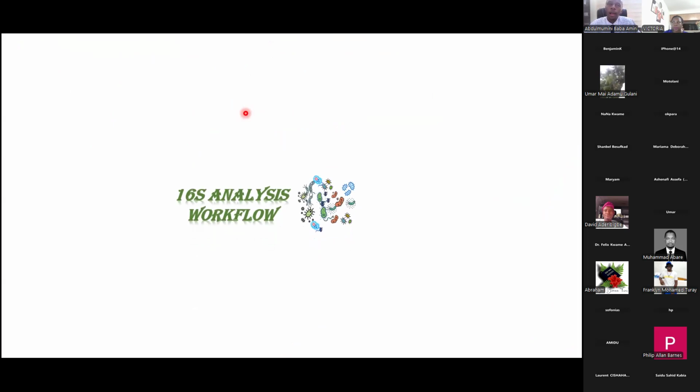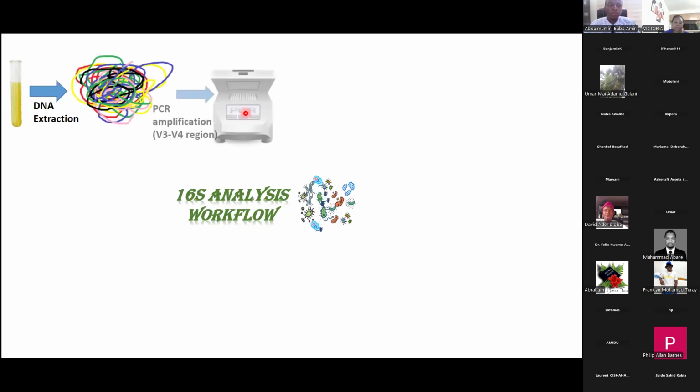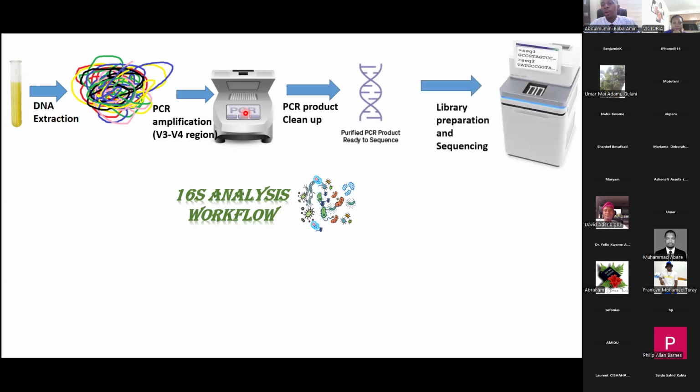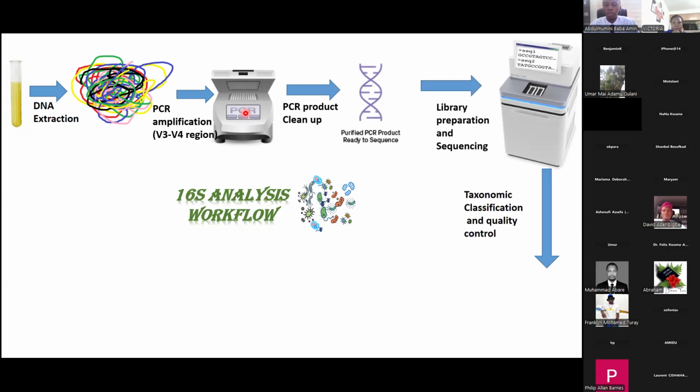So how do we obtain the 16S microbial data? This is a brief workflow of how the 16S microbial data is obtained. After bacterial DNA extraction from a sample, the sample is amplified via PCR, particularly the V3 to V4 region. The PCR product is cleaned up, and library preparation and sequencing is carried out on an Illumina platform.